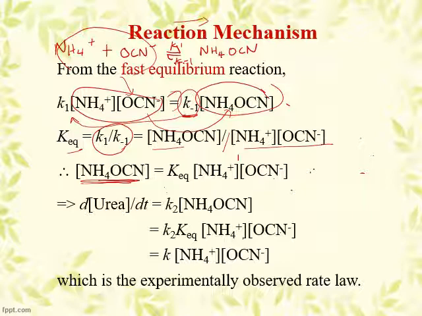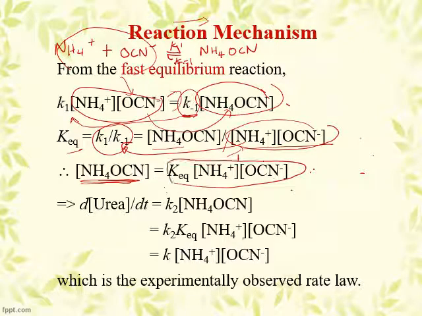So we have K equilibrium multiplied by NH4 plus and OCN minus, leaving behind NH4OCN on the other side. We substitute this into the slow step, the rate determining step, just now.